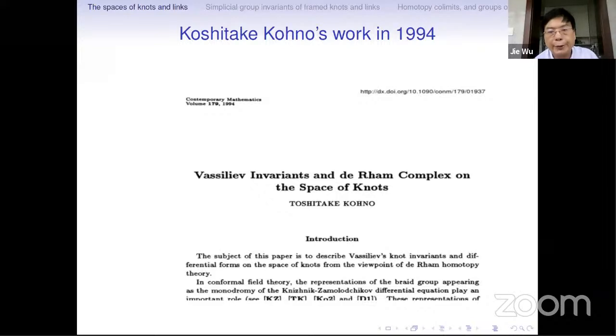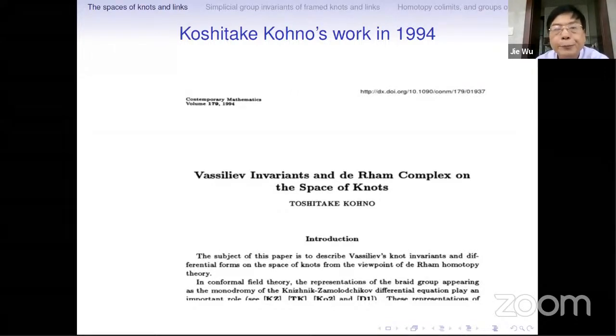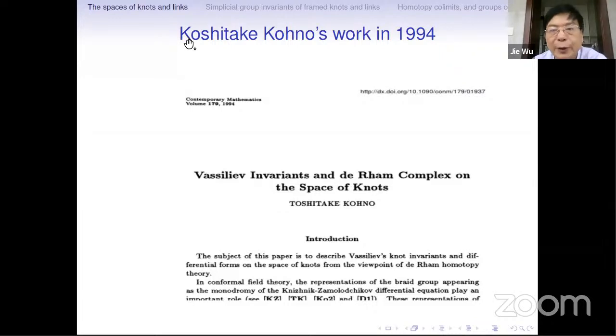I can also search a bit for some references, right? In the 90s, there is Toshitaka Kohno; there's a misprint here. Kohno has been trying to look at the Vassiliev invariants and study the geometry, so you look at the chain complex of the space of knots.